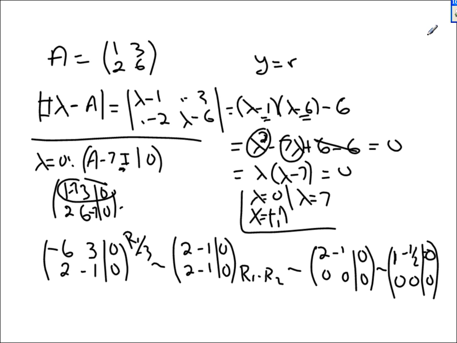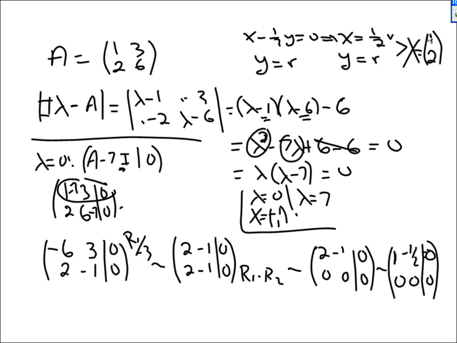Y is equal to R. The first row says 1x minus the half for y is 0. That implies x is half of y, but y is R. So if I let R equal 2, half of 2 is 1, and R is 2. I get that the second eigenvector is 1, 2.